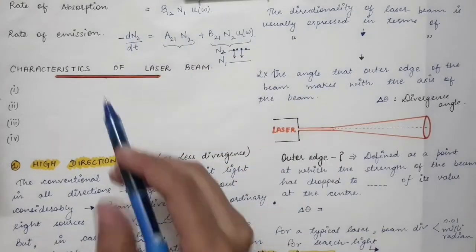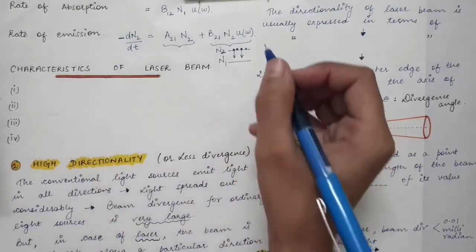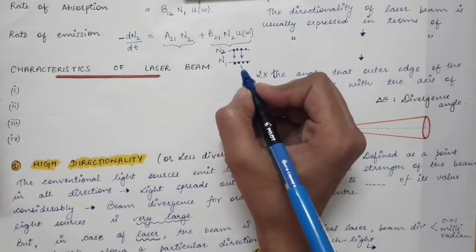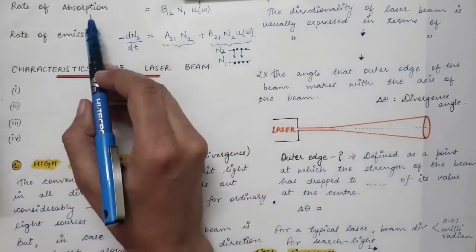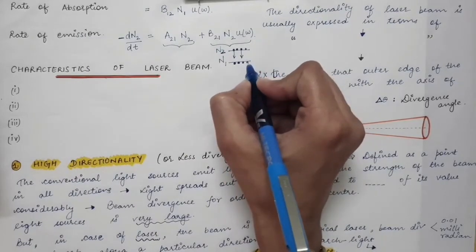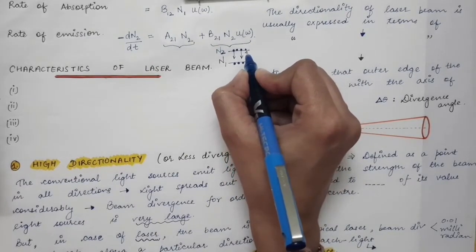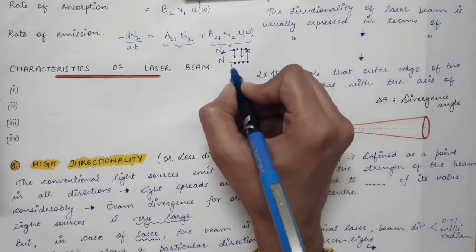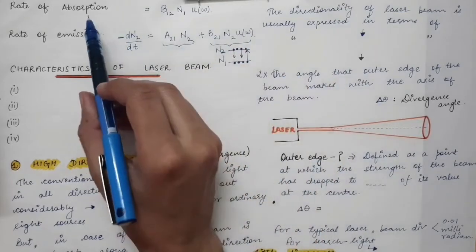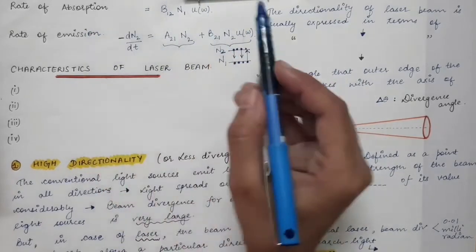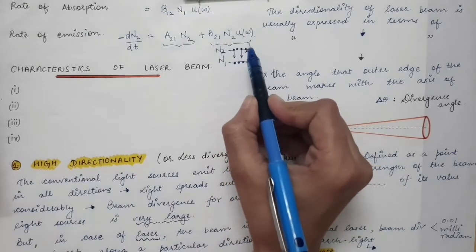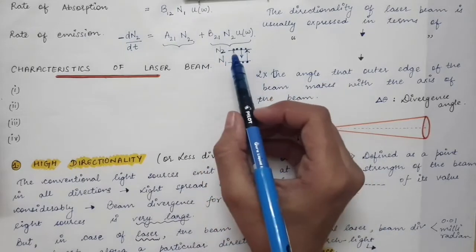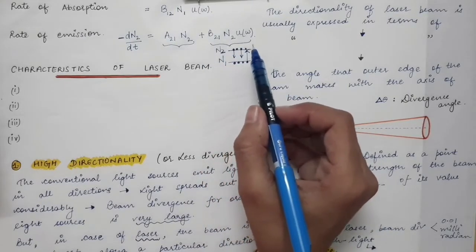And in the first case we have the rate of absorption. In absorption, we have some atoms in the lower level, and they go to the excited state by absorbing a photon. So atoms in the lower level decrease in the process of absorption, or you can say the atoms in the excited level increase.